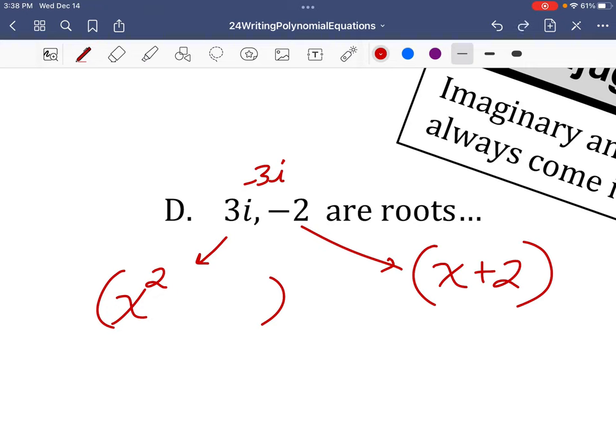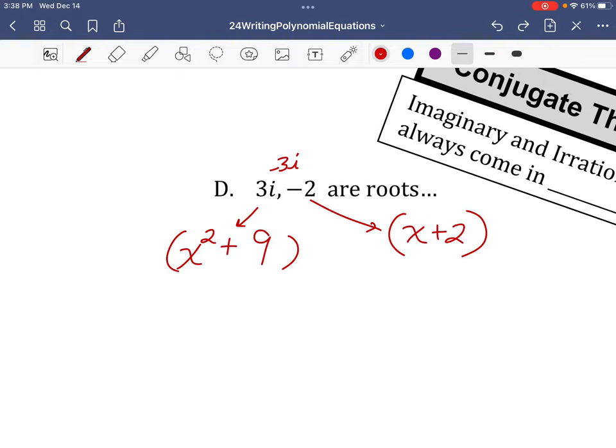Is it 3? No, it's the number that 3 came from. It's a 9. And all we have to do now is realize that it's always going to be a plus sign. Why is it always going to be a plus sign? Well, because I want to subtract this 9 and get a negative 9, right? So you kind of have to work backwards.